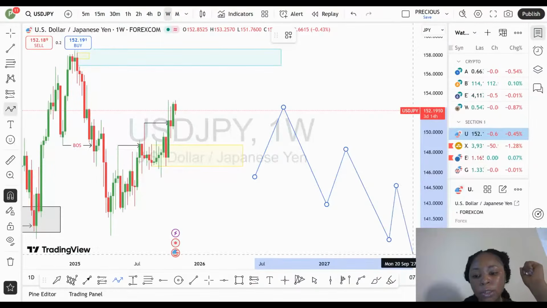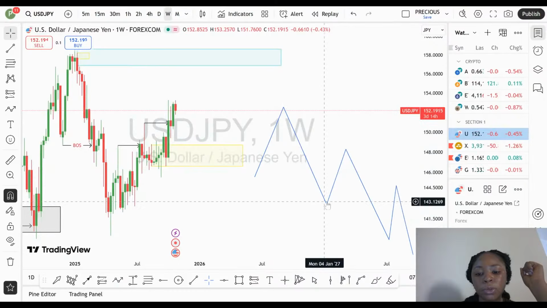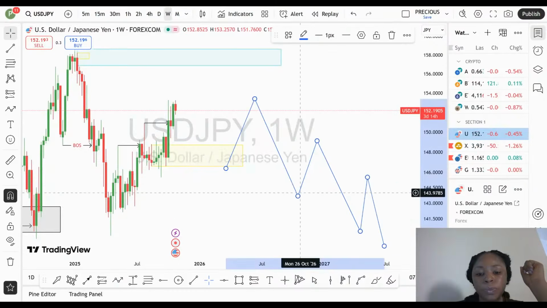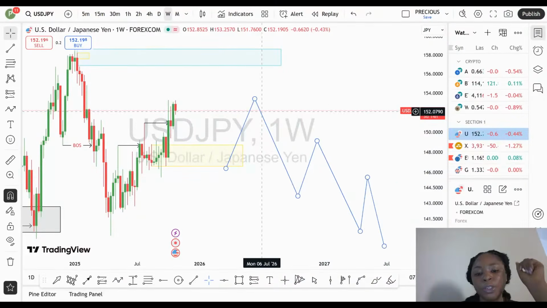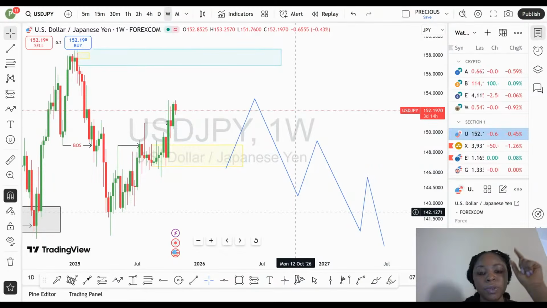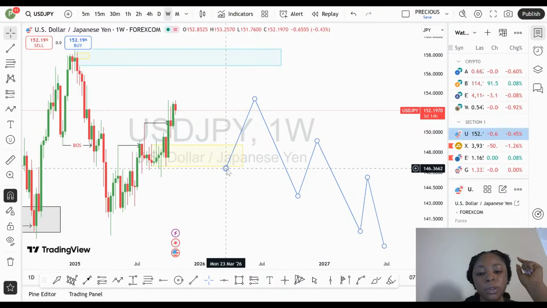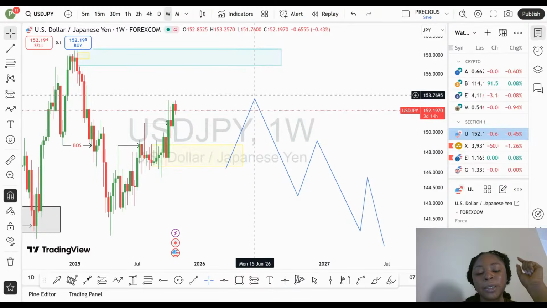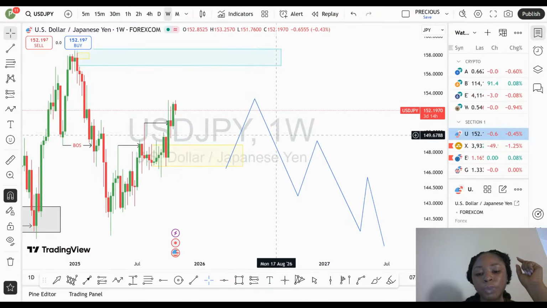Pull back again. Sorry, this is not a pullback, this is an impulse movement now. So this is a bearish market. One of the characteristics of a bearish market is the pullback is bullish, impulse is bearish.